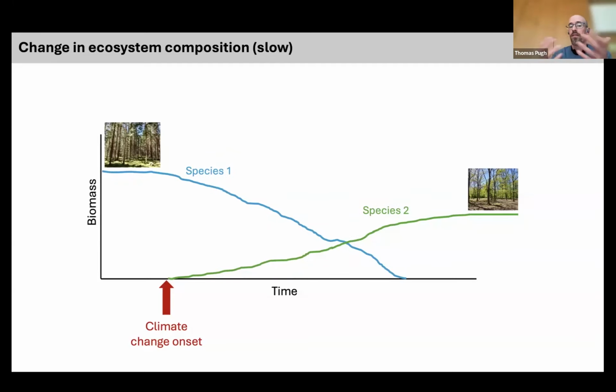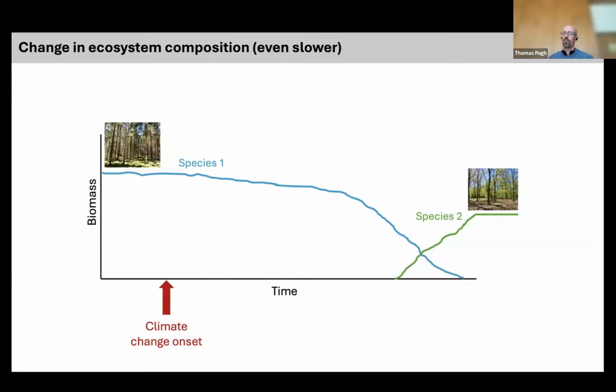It can also happen quite slowly without any big dramatic events, just an increase in that background mortality rate, which causes this first species to gradually die out and be replaced. And it can also happen much slower even than that, because perhaps those existing trees can continue to exist under this new climate, but they're not establishing anymore.